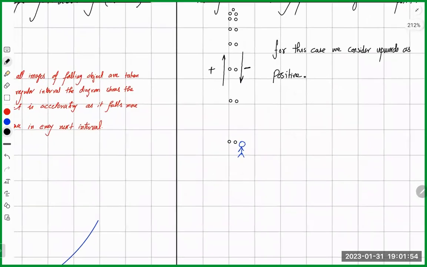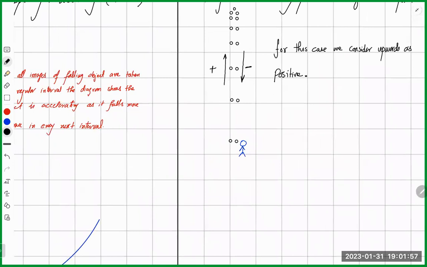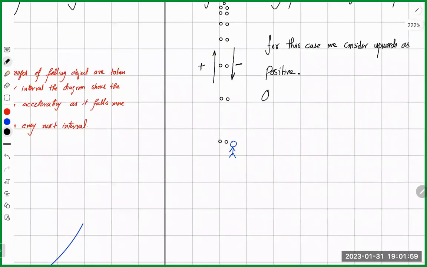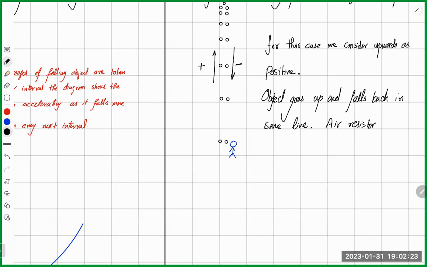Now, object goes up and falls back in same line. The resistance is ignored.